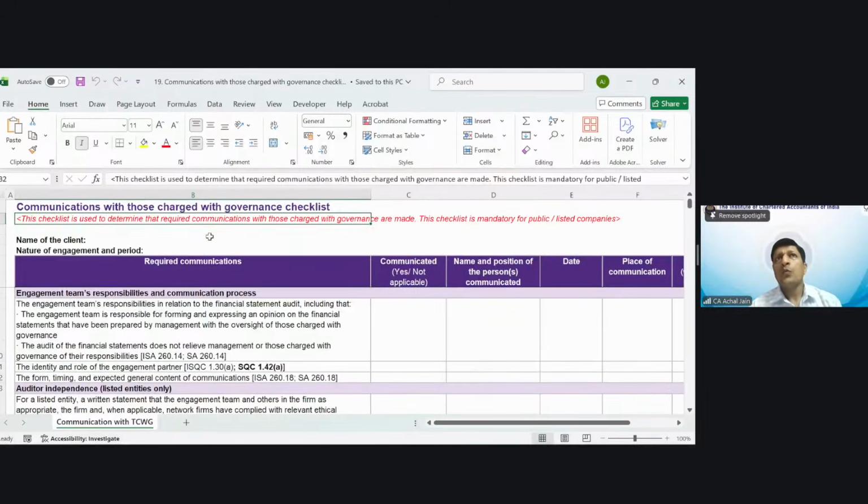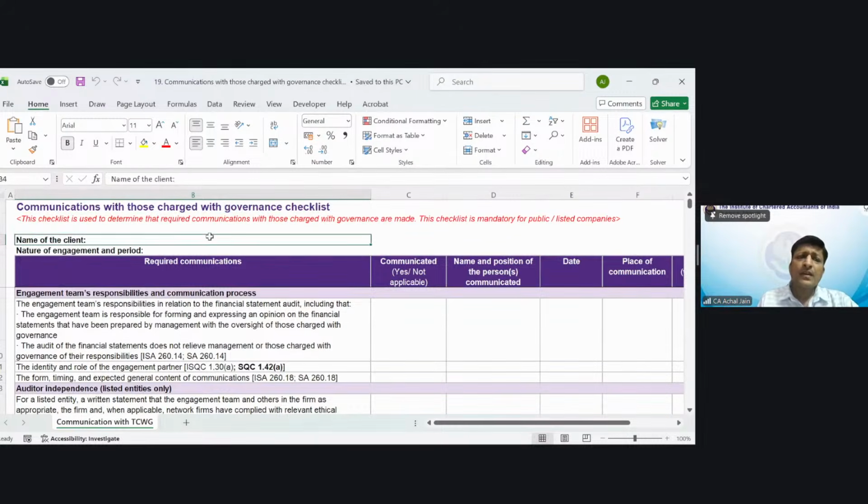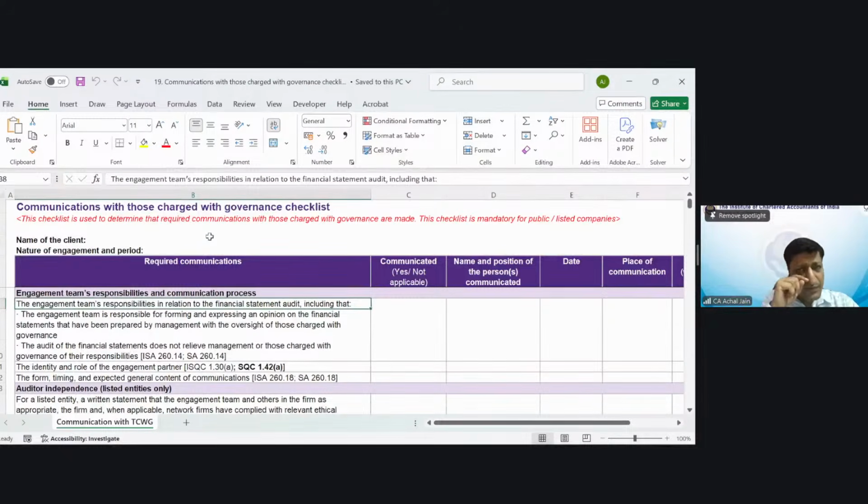An auditor will generally have some templates and documentation criteria, say in the form of checklists at times. That's how a checklist can be maintained, wherein they will specify each and every requirement.